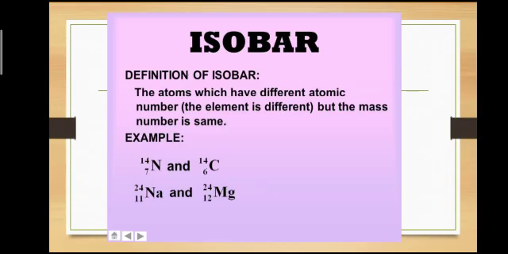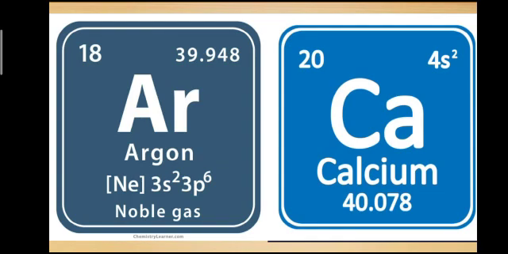Look at these examples, argon and calcium. Ar is the symbol of argon. 18 is the atomic number of argon. 40 is the mass number. In calcium, Ca is the symbol of calcium. 20 is the atomic number, 40 is the mass number. Look at the bottom number.